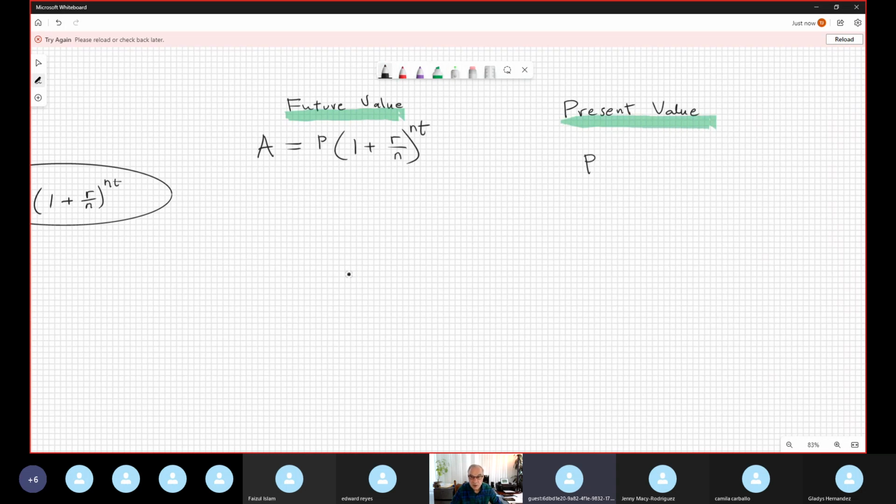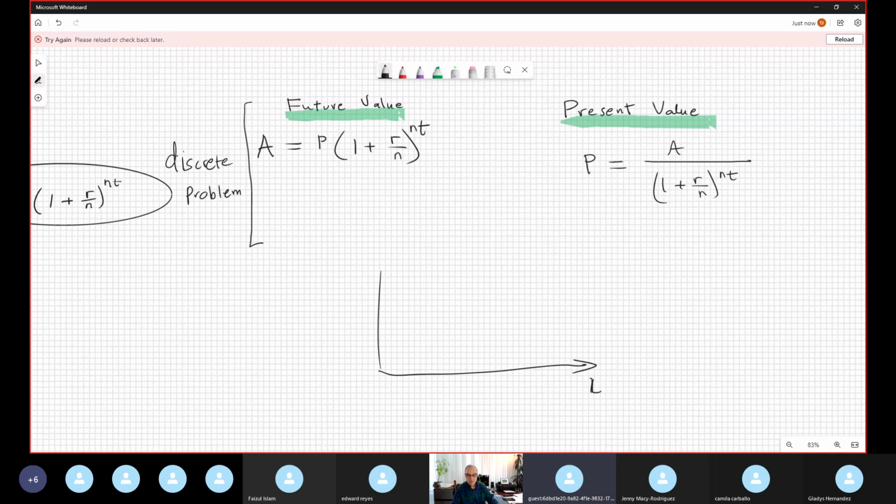Present value is the same formula, but the only thing I did was isolate P. It's A divided by 1 plus R over M, raised to the NT. But this is the typical discrete problem. In the discrete problem, my money increases like stairs. Suppose this is the time and this is my money, the future value.